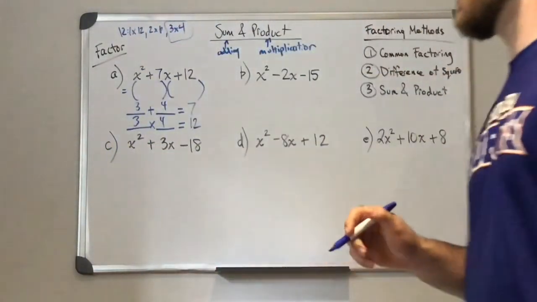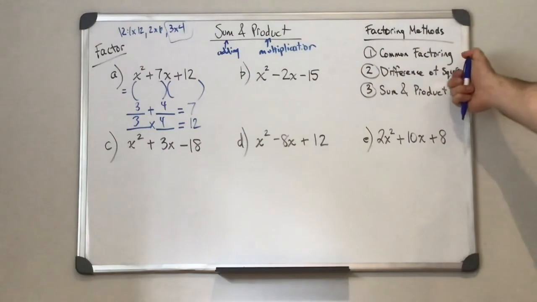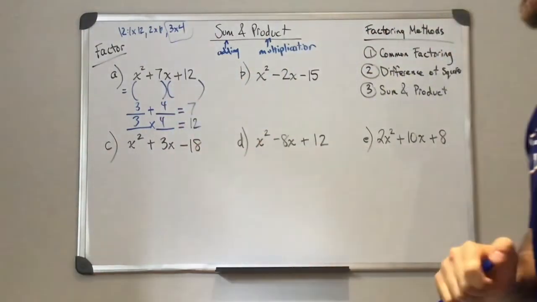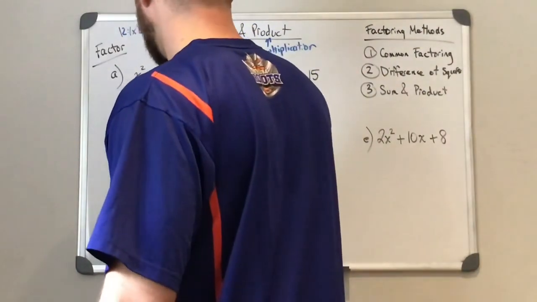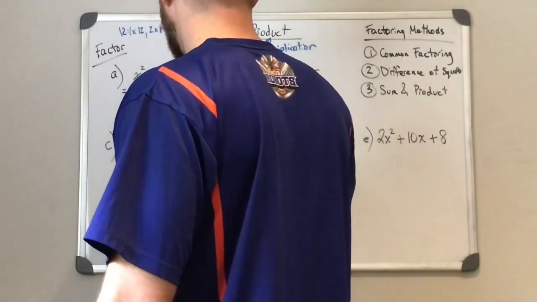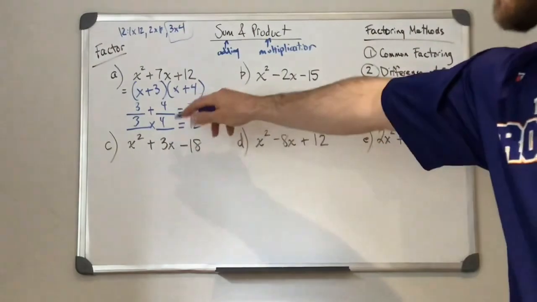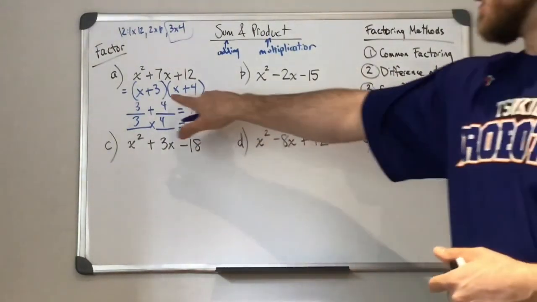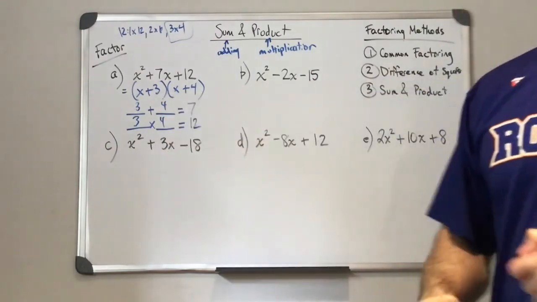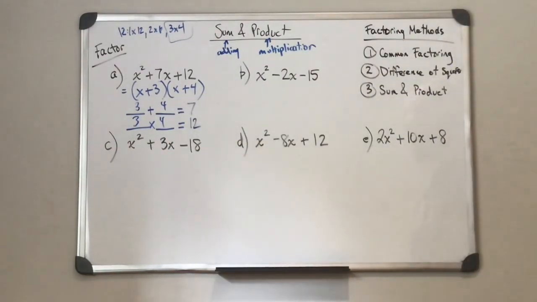This looks kind of similar to difference of squares. We're going to have 2 sets of brackets, but now we're going to have x plus 3 and x plus 4. So the two numbers that satisfied our sum and our product get placed at the end, with x's at the beginning.